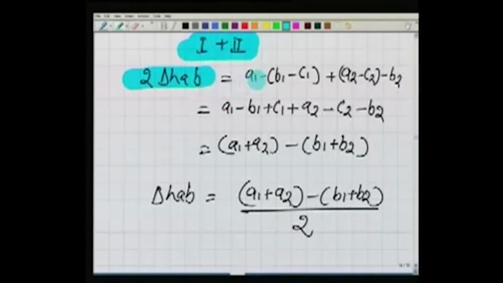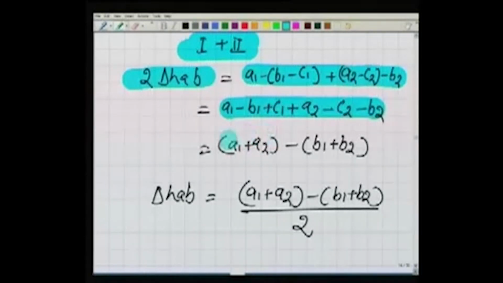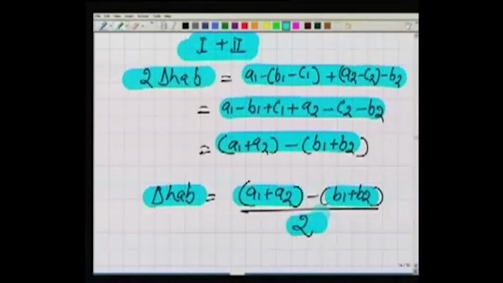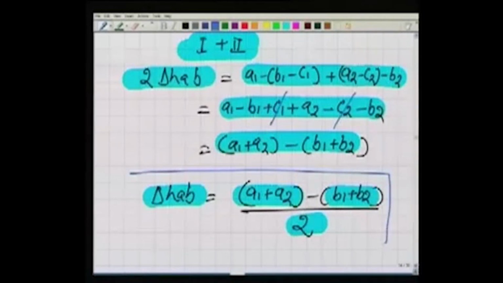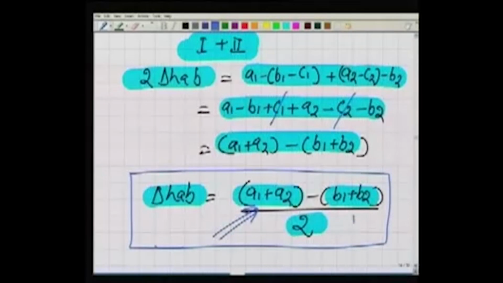So 2 delta HAB, if you simplify it, we will find this delta HAB is (A1 + A2 - B1 - B2)/2, because we have already discussed that C1 and C2 will cancel out. So we can still determine the difference in elevation between these 2 points by taking the observations A1, A2, B1, B2, meaning the observations from 2 ends simultaneously.